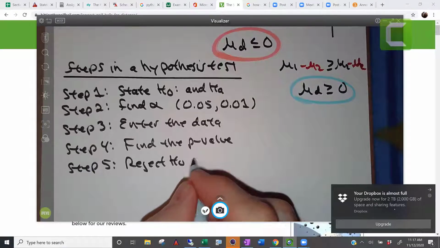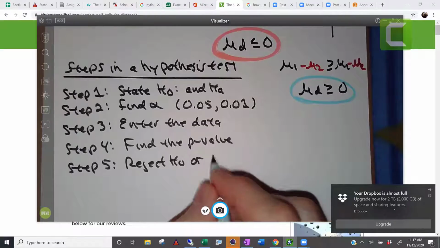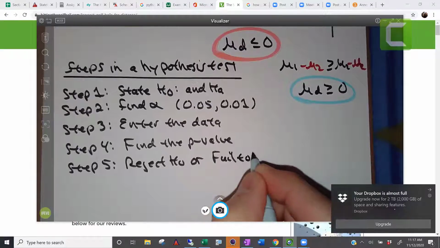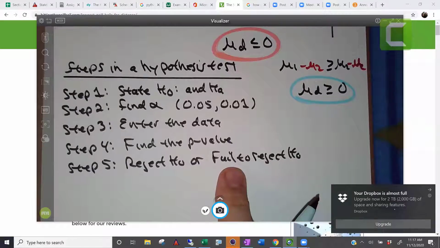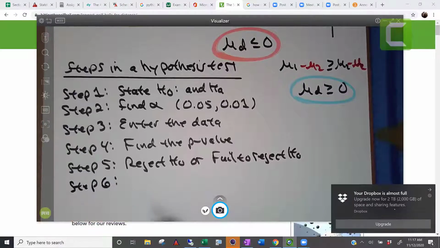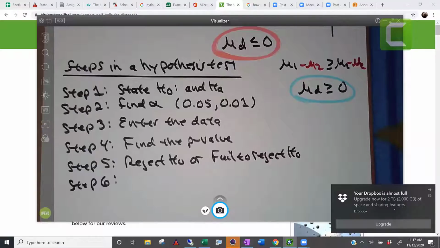So reject H naught or fail to reject H naught. So you proved him guilty or you failed to prove him guilty. But we don't say that we proved him innocent, okay? You don't say that we proved H naught is true. We just failed to show that it wasn't true. All right. And finally, step 6, a very important part here, especially because we're letting technology do all our heavy work, is write your conclusion in words.